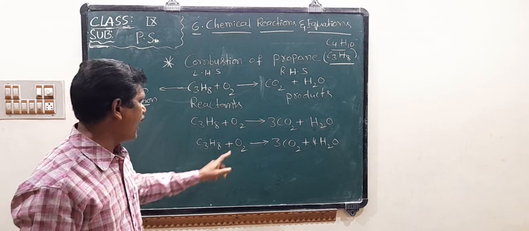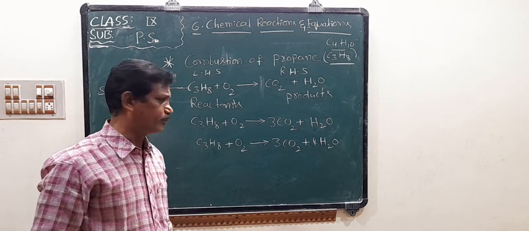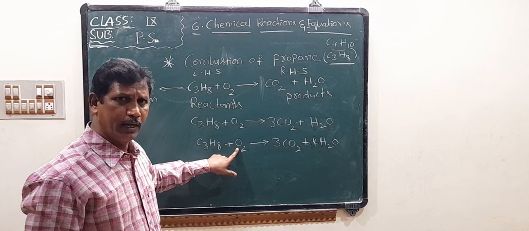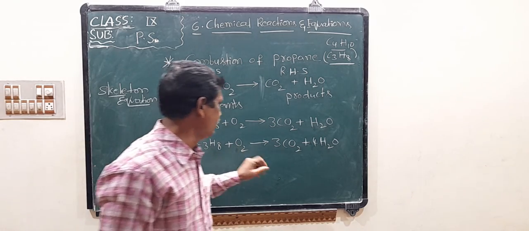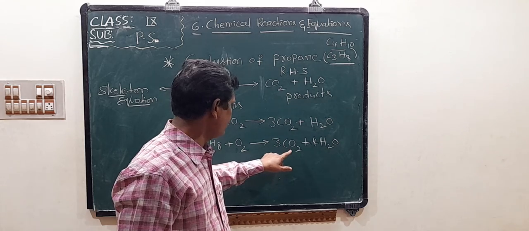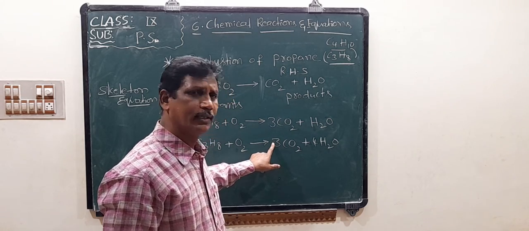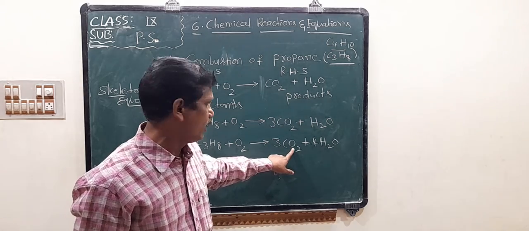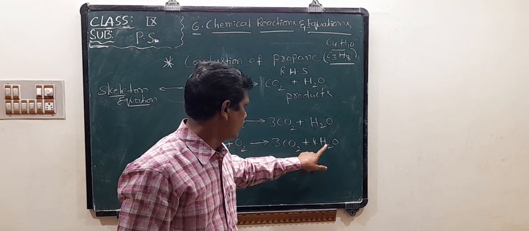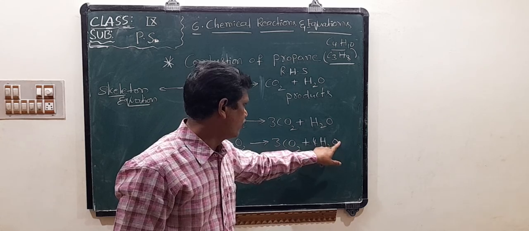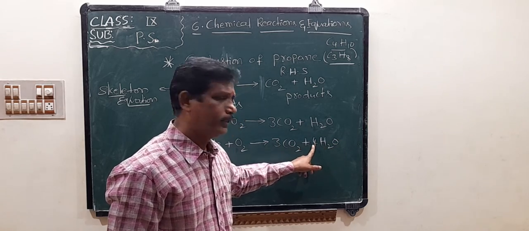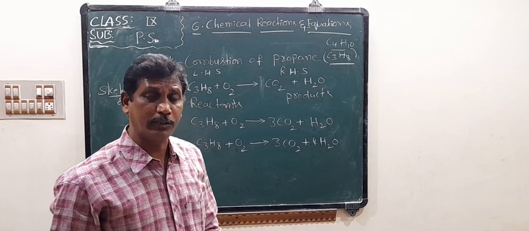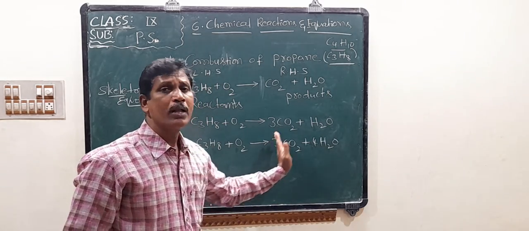Now we will see the oxygen atoms. There are only 2 oxygen atoms on the reactant side. On the product side, 2 into 3 is 6 oxygen atoms, plus 4 into 1 is 4, so 6 plus 4, 10 oxygen atoms are present on the product side.